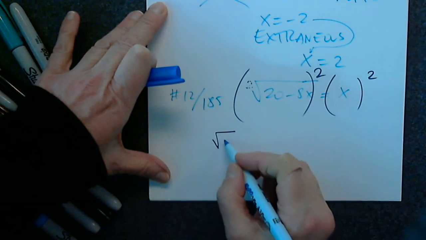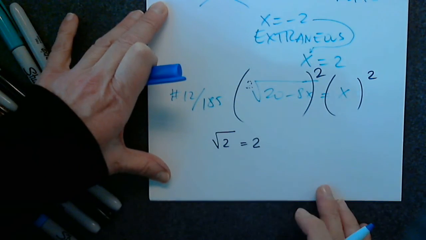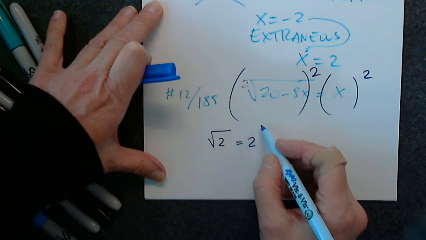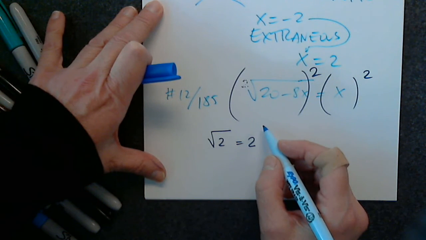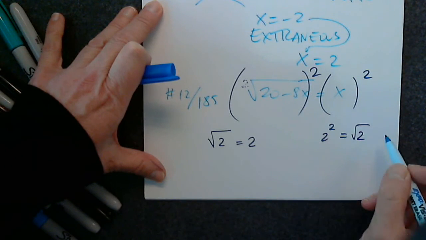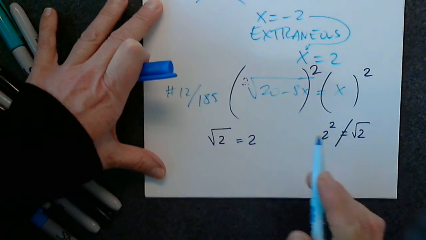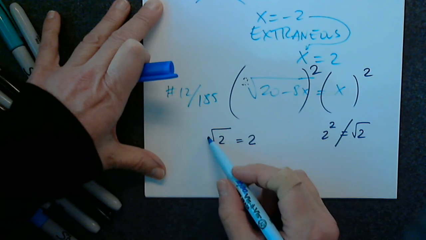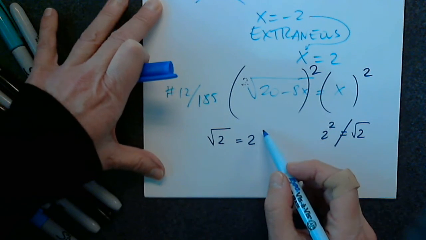So the square root of 2 is 2 raised to which power? 2 squared cannot equal the square root of 2, right? So the square root of 2 is a power. Which power?